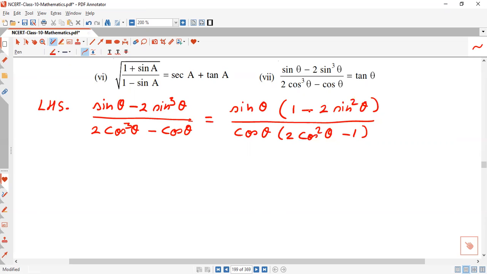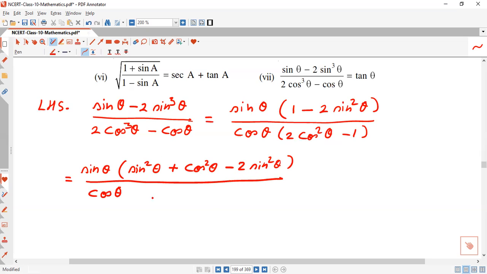If I put the value here in the numerator, this will be sin theta upon cos theta multiplied by 1 minus 2 sin square theta. 1 can be written as sin square theta plus cos square theta, minus 2 sin square theta, divided by 2 cos square theta minus 1.